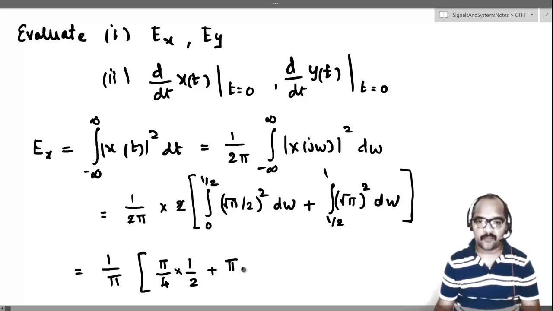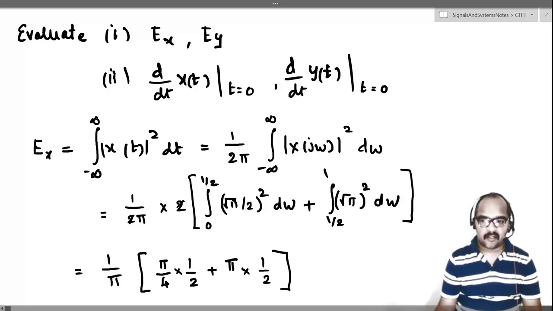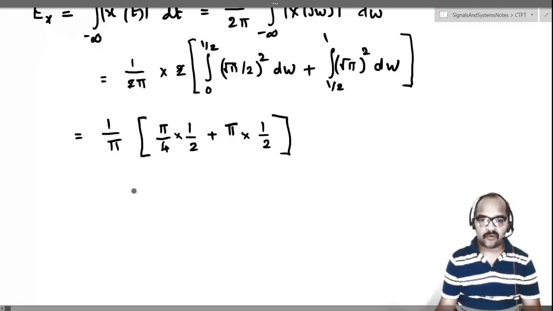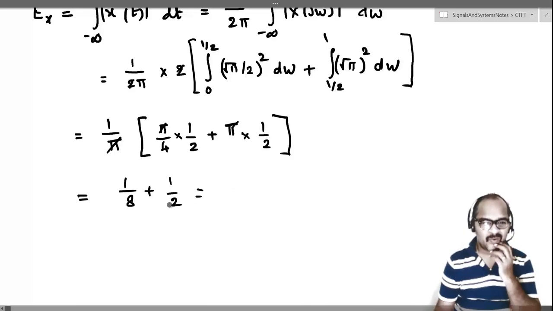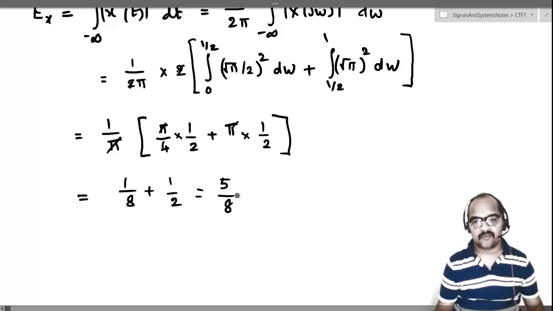So pi is common in both, so pi will get cancelled out, and you will get 1 by 8 plus 1 by 2. This is 4 by 8, so this should be 5 by 8. That is the energy of the first signal.